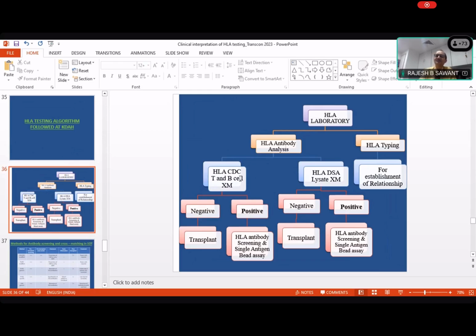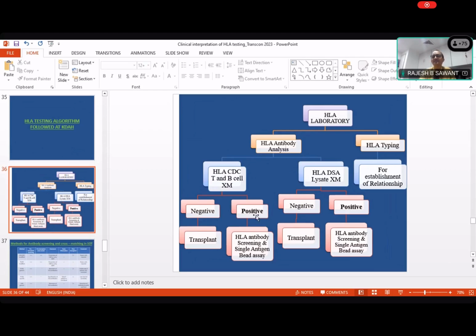We will also do a Luminex based lysate cross match, again a basic test like we do cross matching of blood. If your CDC is negative and your lysate based cross match is negative, then you go ahead with the transplant. There is minimal risk.